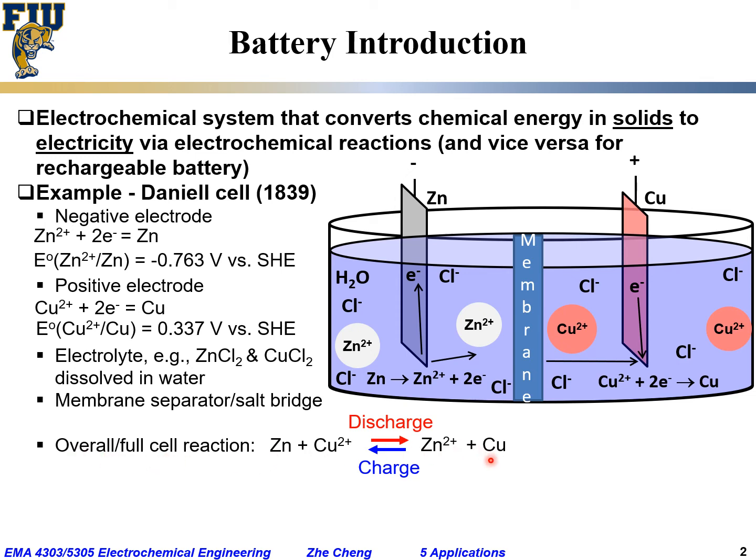You get this full cell reaction by combining these two electrode reactions or half cell reactions, with the goal to eliminate electrons. Okay, so for a battery, we need a negative electrode, a positive electrode. We need electrolyte that prevents electron shorting in between, and quite often we need a separator to prevent mixing. And we have two half cell reactions, and combined we have the full cell overall reaction.